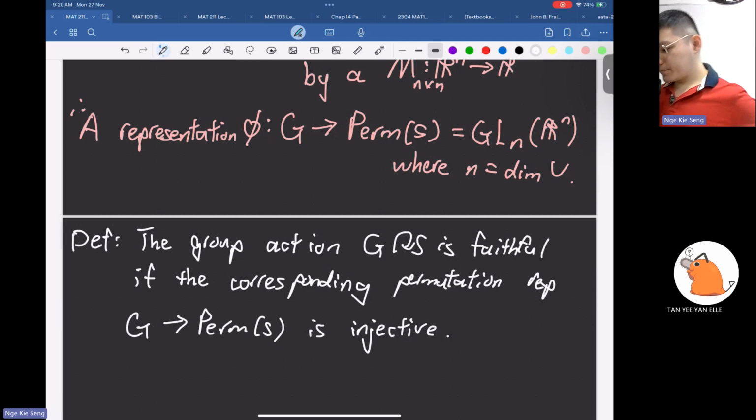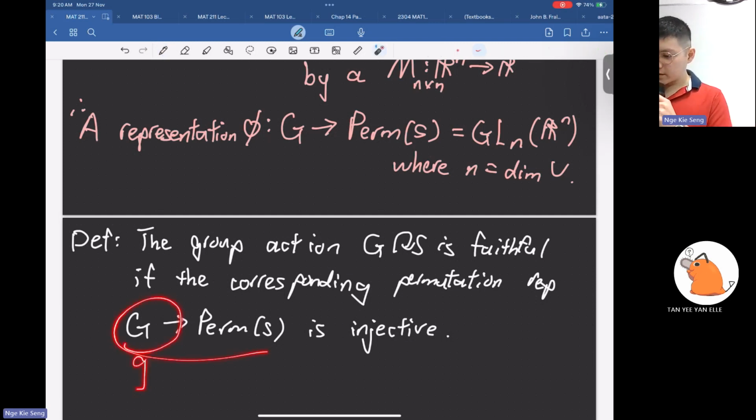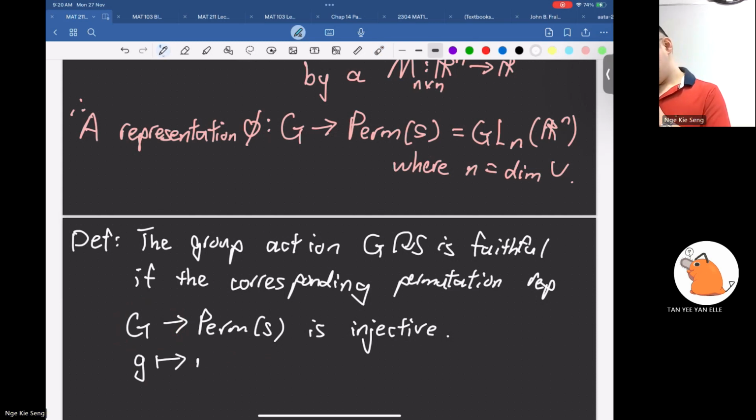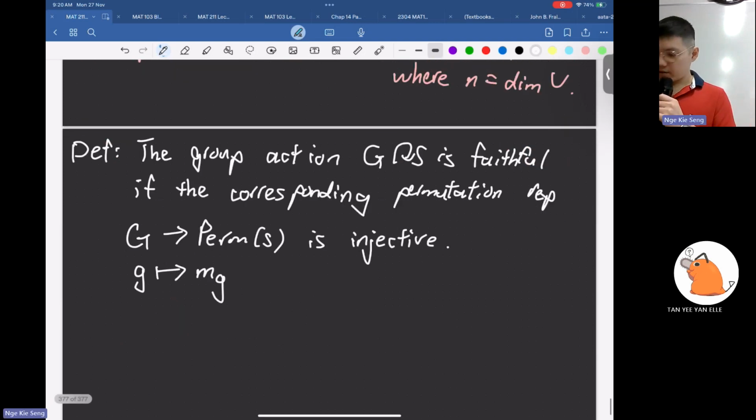So what does this mean? You need to consider a group element that gets sent to its permutation. What's the kernel of the permutation representation here? The identity.